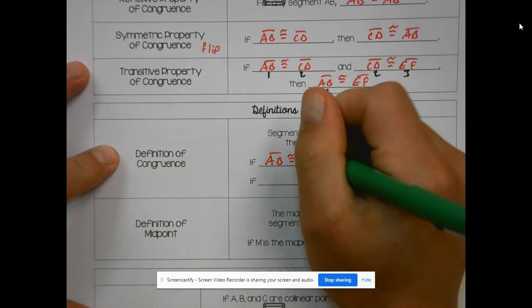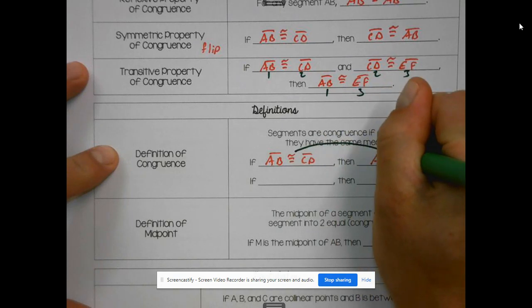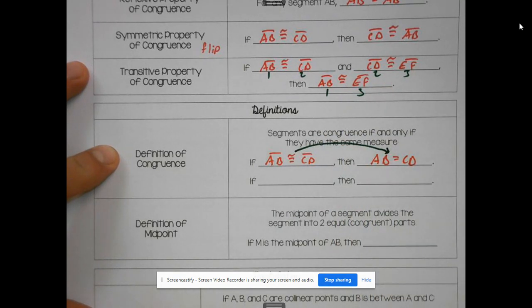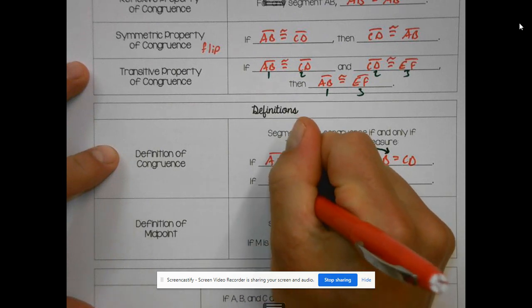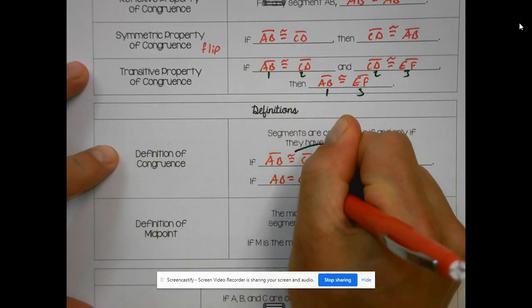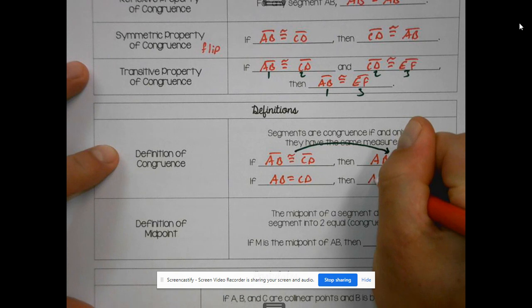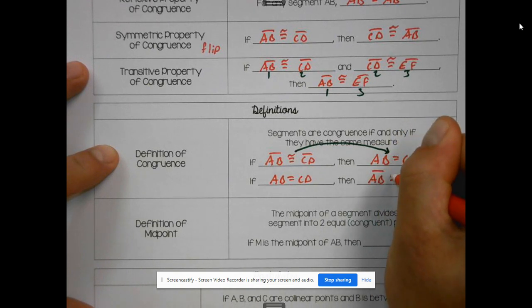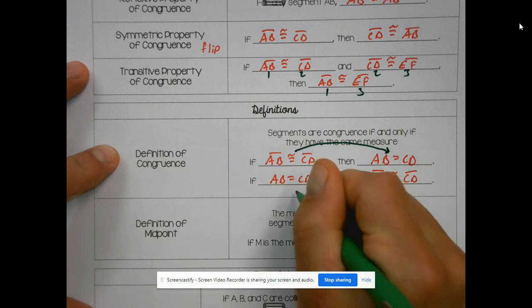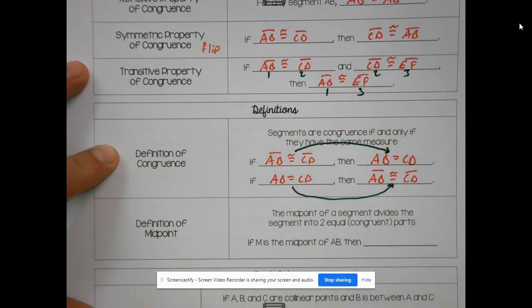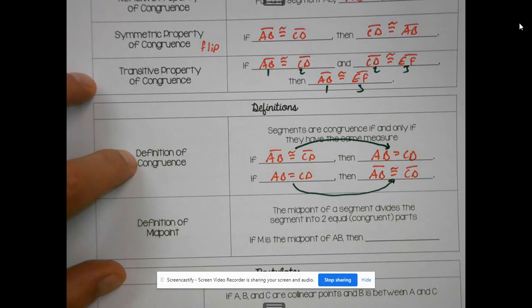They just went from a congruent sign to an equal sign. And then vice versa. If AB is equal to CD, I can say that segment AB is congruent to segment CD. And they just went from equal sign to congruent sign. That's your definition of congruence.